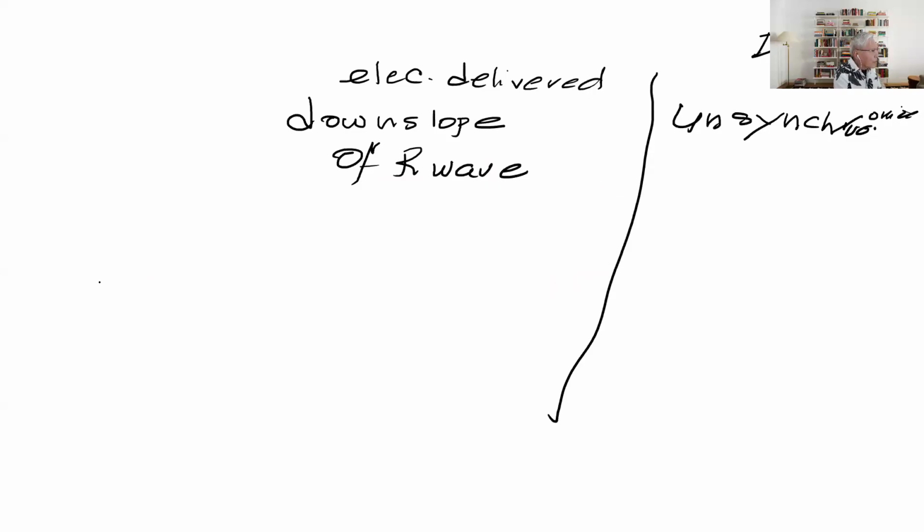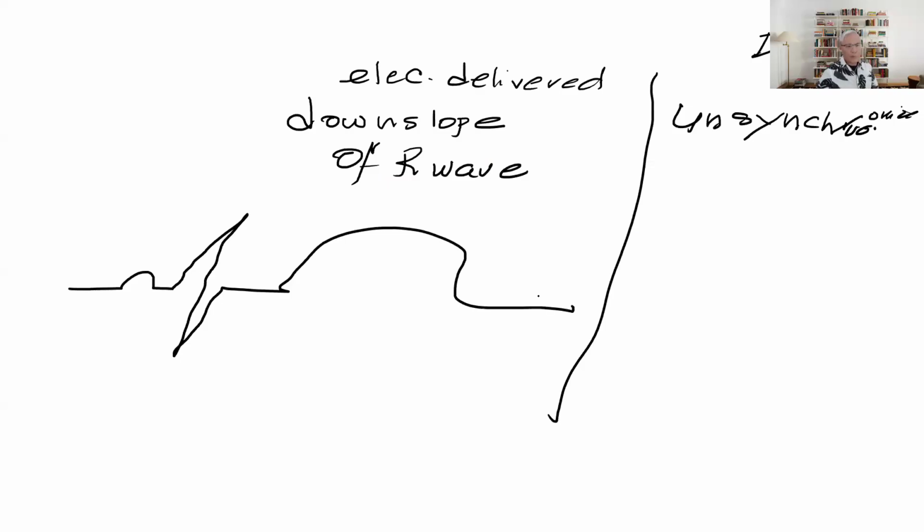Okay. So again, if these are the waves of the electrocardiogram, now, when we synchronize, we said we're going to time it. What are we timing it with? We want the delivery of that electrical current in a special area of the electrocardiogram. And it is right here. See this? The downslope of the R wave.